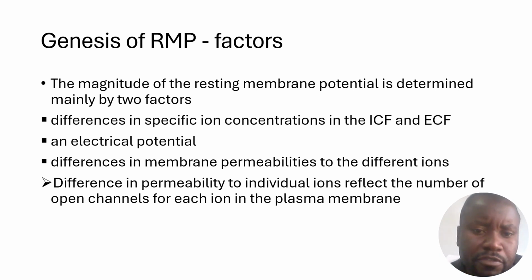It also depends on the difference in membrane permeability for each ion. The membrane is more permeable to potassium, so potassium will have a different membrane potential, and it will determine the outcome. Potassium is the main determinant of resting membrane potential for most cells because of its high permeability.